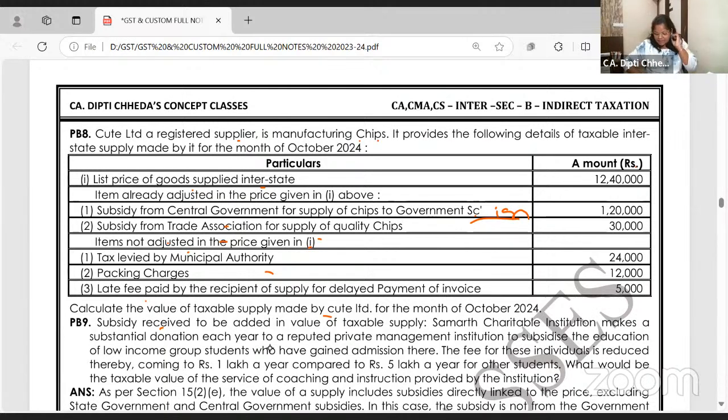How much is the answer? Transaction value? Quick, all of you.